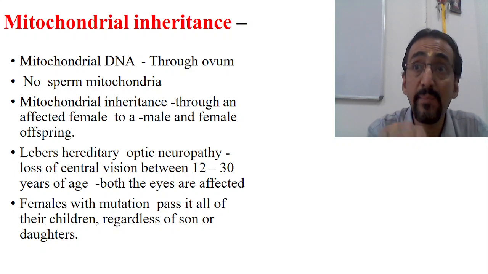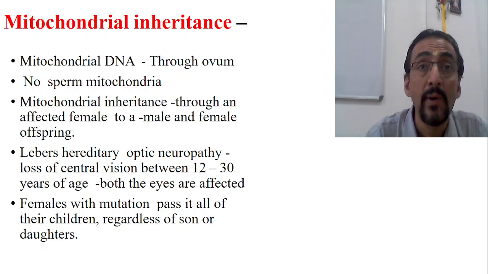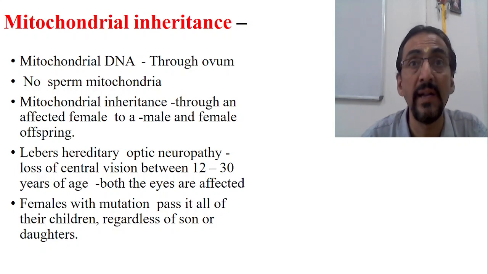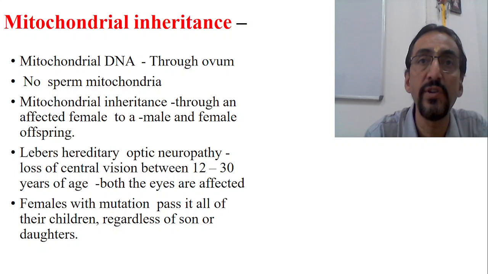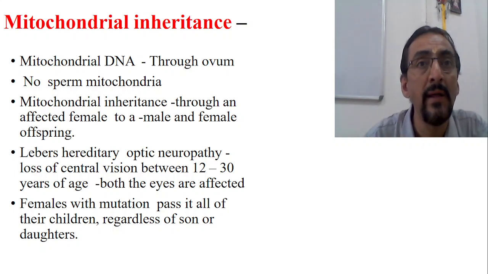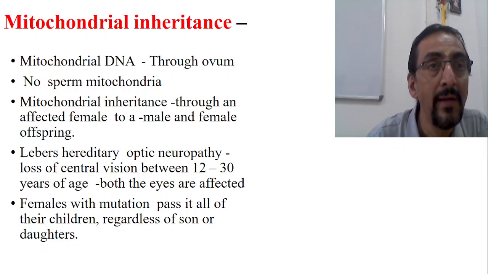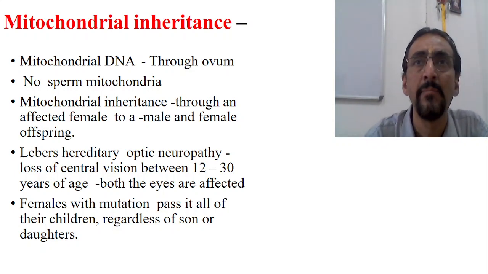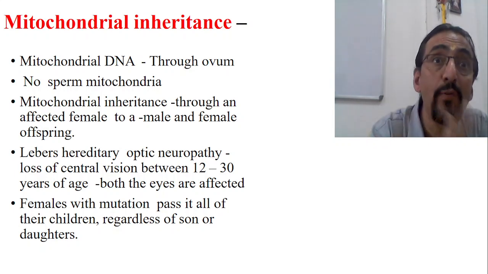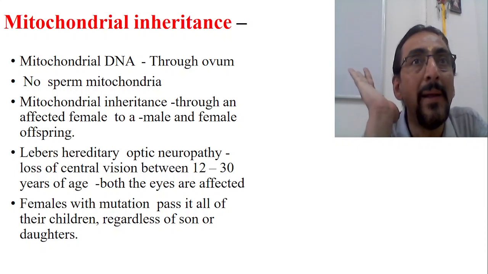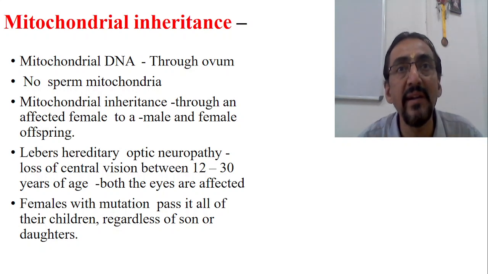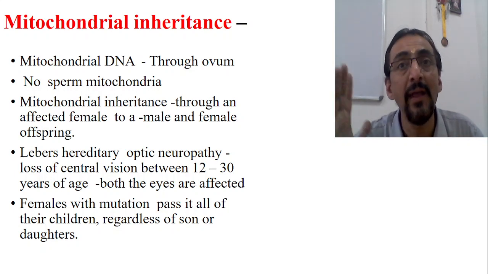By the time the sperm reaches the ovum, what mitochondria are present have been totally utilized for the purpose of energy, and only the nucleus portion of the sperm goes inside and unites with the ovum, and the zygote is formed. So what you understood is, there is no question of transmission of mitochondrial inheritance from the father to the offspring, because the father's mitochondria, that is the sperm's mitochondria, have already been utilized and degenerated by the time it reaches the ovum.